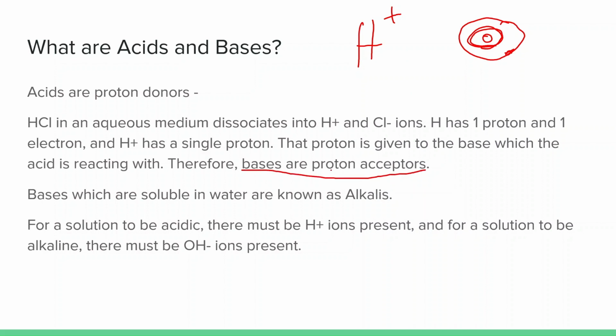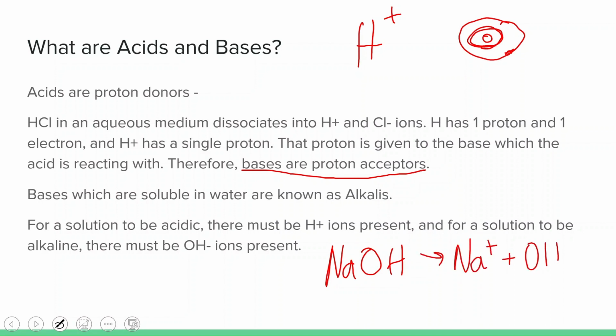But how do they accept those protons? Well, bases have a criterion, which is basically that they must have OH- ions in the solution. So alkalis always have the OH- ion present, for example in NaOH. If you have NaOH as the base, that will dissociate into Na+ and OH- ions.